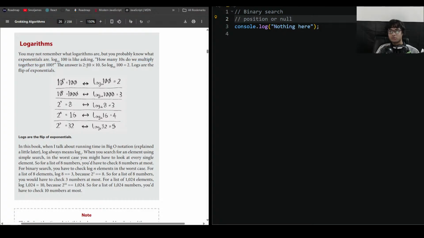The answer is 2: 10 multiplied by 10, 2 times. Logs are the flip of exponentials.